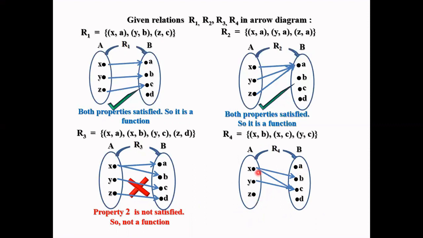Also, x has two elements in set B. x is associated to more than one element in set B. So property 2 is also not satisfied. Property 1 and property 2 both are not satisfied. So it is not a function.